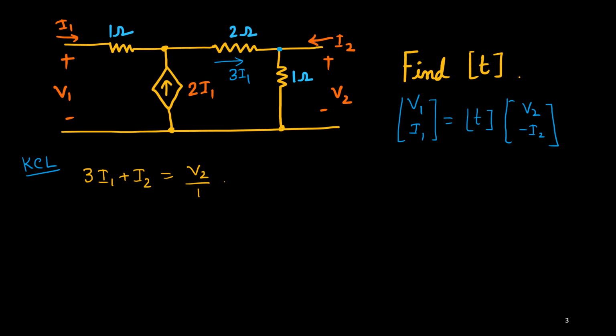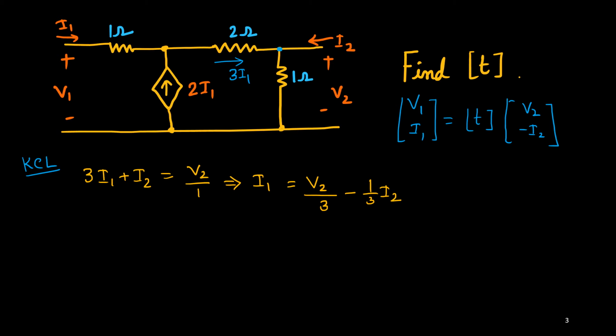If you simplify it, you will get I1 equals V2 by 3 minus 1/3 I2. So this is the second equation, I1 in terms of V2 and I2 that we have got.